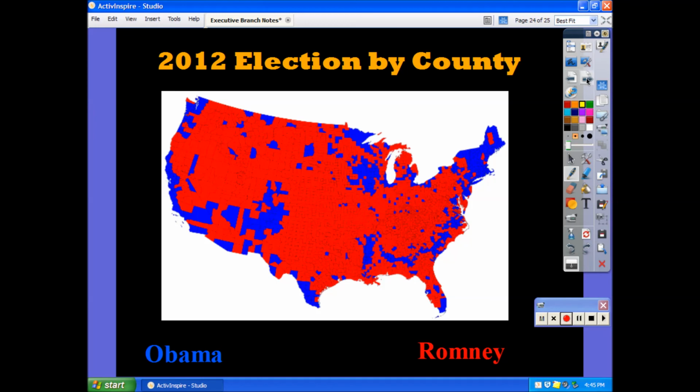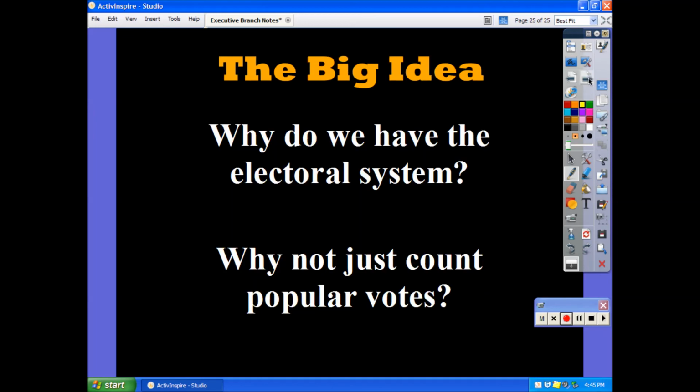Now, I bring all this up for a simple reason. Here's the big idea, and the last idea. In the electoral process, it's important to remember that the electoral process is based on the same process by which we decided that each state should be fairly representative in the U.S. Congress.